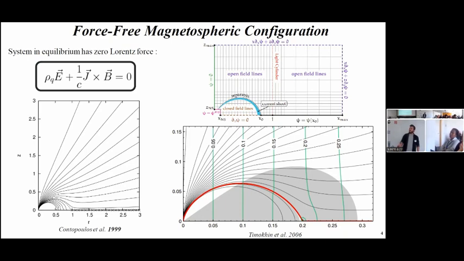Here, the current sheet is placed at the equatorial plane, and it starts at the light cylinder, which is at r equal to 1.